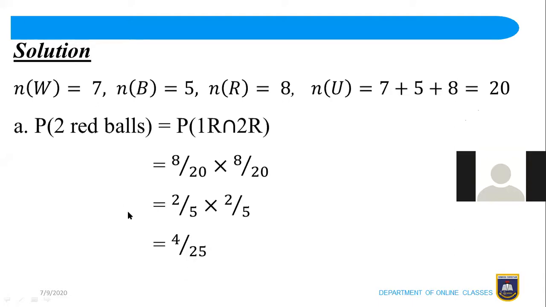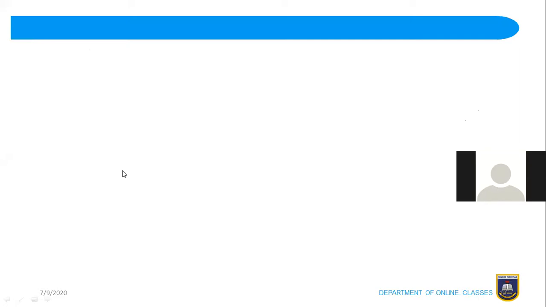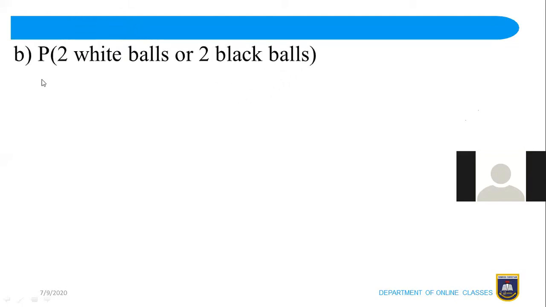Okay, let's look at the suggested solution to see whether it is the same as what our brother gave us. Probability of having 2 white balls or 2 black balls. So we said the or there means addition. If you are going to have 2 white balls, then you have the chance to select the first white ball and the second white ball, or you select the first black ball and the second black ball.